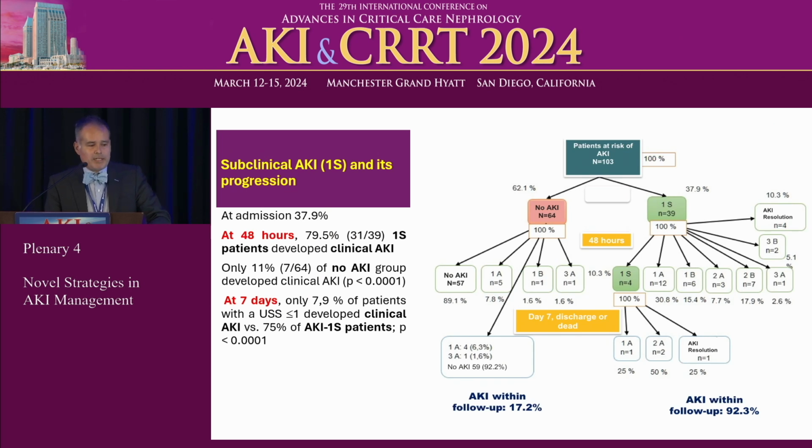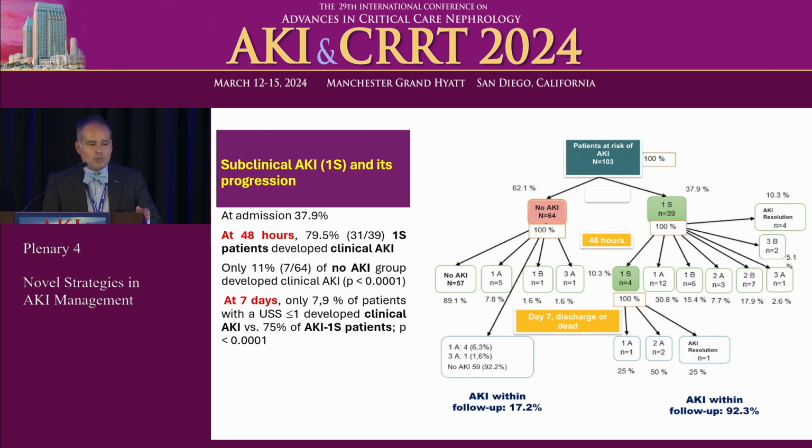In terms of subclinical AKI, 39 patients, that is 37.9% of the patients, have subclinical AKI. That means that they have a urinary sediment score equal or higher than 2 points. During the follow-up, at 48 hours, 31 of these 39 patients developed clinical AKI.